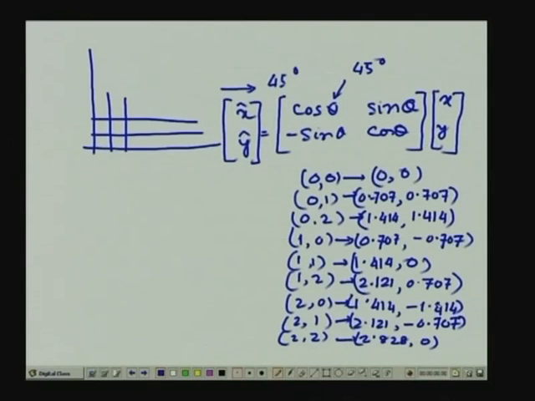Now, if you look at these transformed locations, you find that the coordinates that we get are not always integer coordinates. In most cases in this example, the coordinates are real valued. But whenever we have a digital image, whether it is the original image or the transformed image, all the row indices and column indices should have integer values.